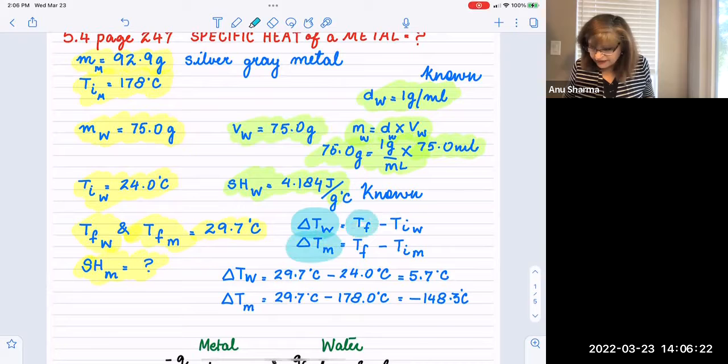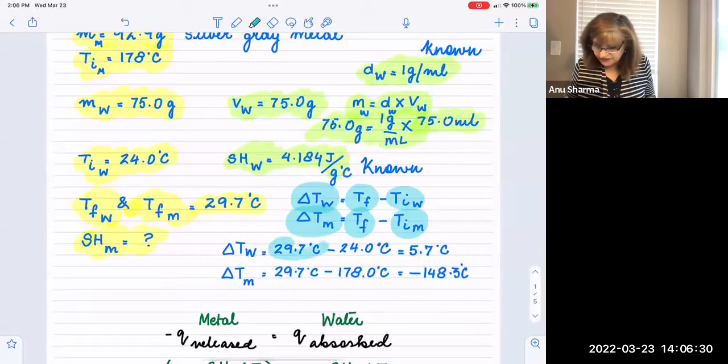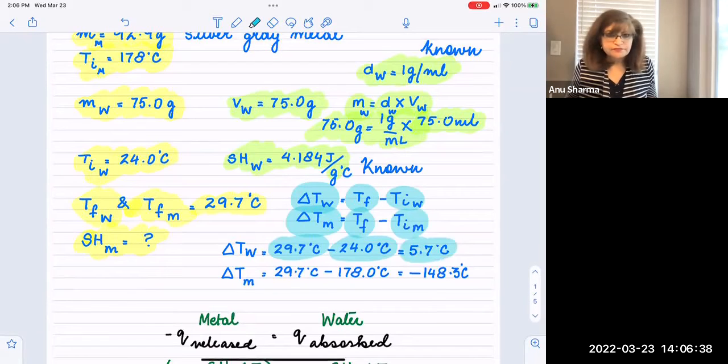That is T final minus the T initial. Again, the T final minus the T initial. So T final for the water is 29.7 degrees Celsius. T initial of the water is 24.0 degrees Celsius. So this change in the water is 5.7 degrees Celsius. So the temperature of the water increases by 5.7 degrees Celsius. On the other hand, we have the metal.